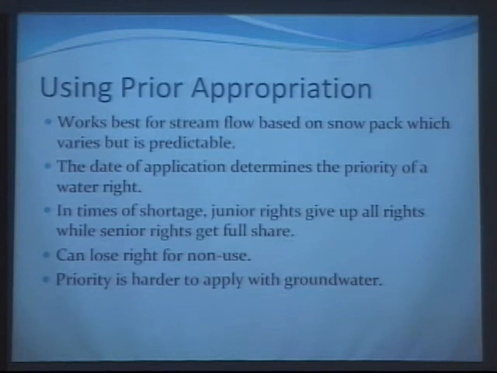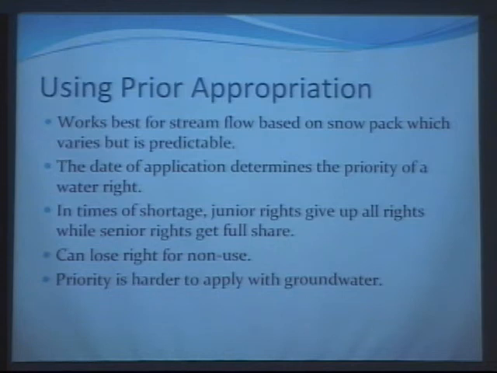Okay, first of all, prior appropriation works best for stream flow based on snowpack, the example of the mountain stream in Colorado. Typically today there are predictions made on how much snowpack is in the mountains, not only for the ski resorts, but for people who irrigate.